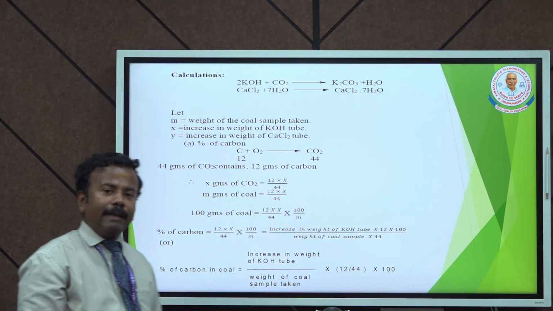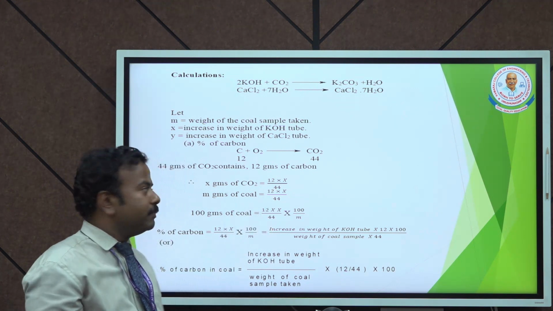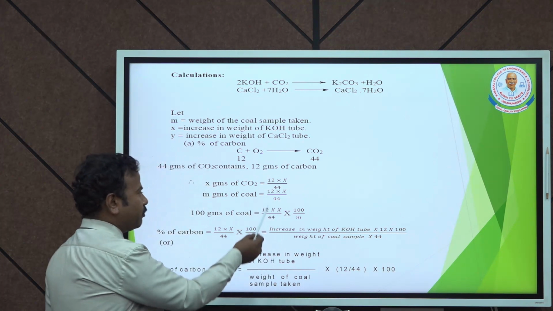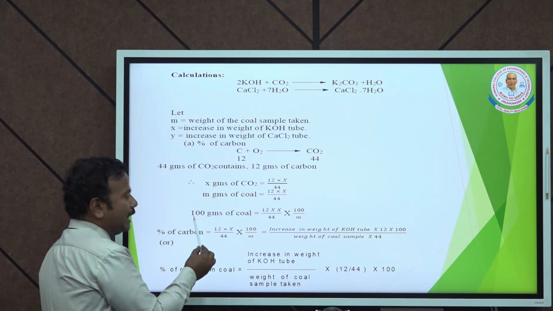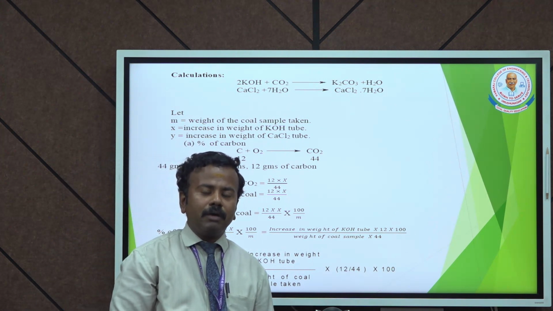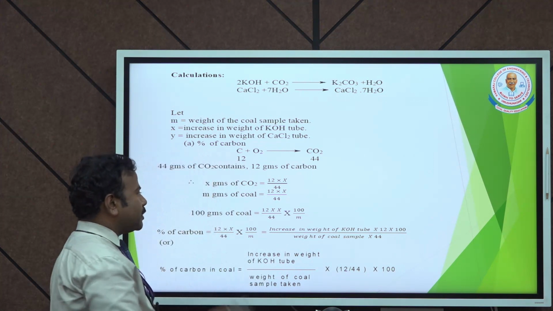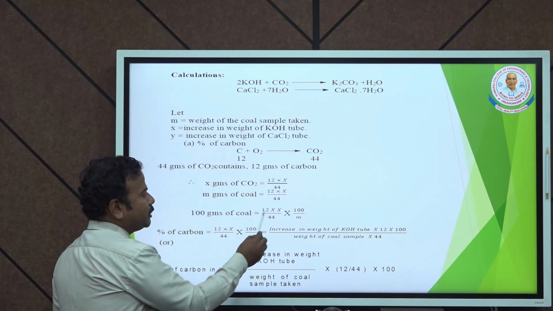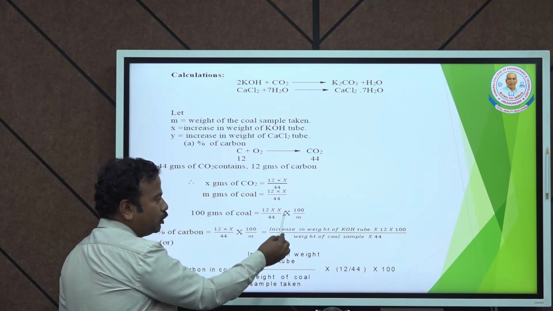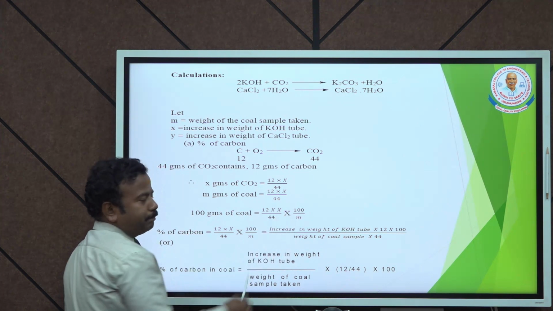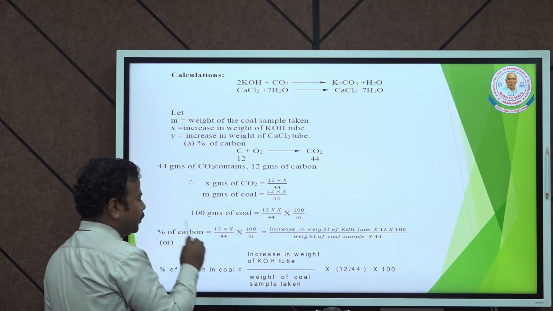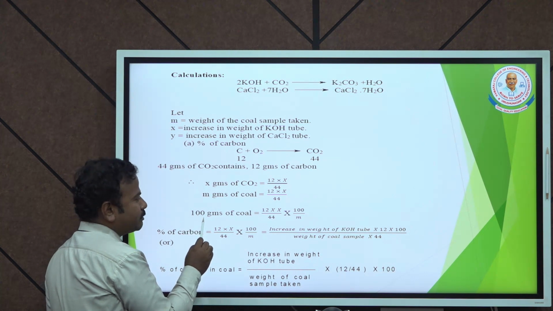The same thing: M grams of the coal sample contains 12 into X divided by 44 grams of carbon. The next one is 100 grams. Suppose we take 100 grams of coal sample, how much percentage does it contain? We need to calculate 12 into X divided by 44, into 100 divided by M. This is the formula to calculate the percentage of carbon present in 100 grams of coal sample.